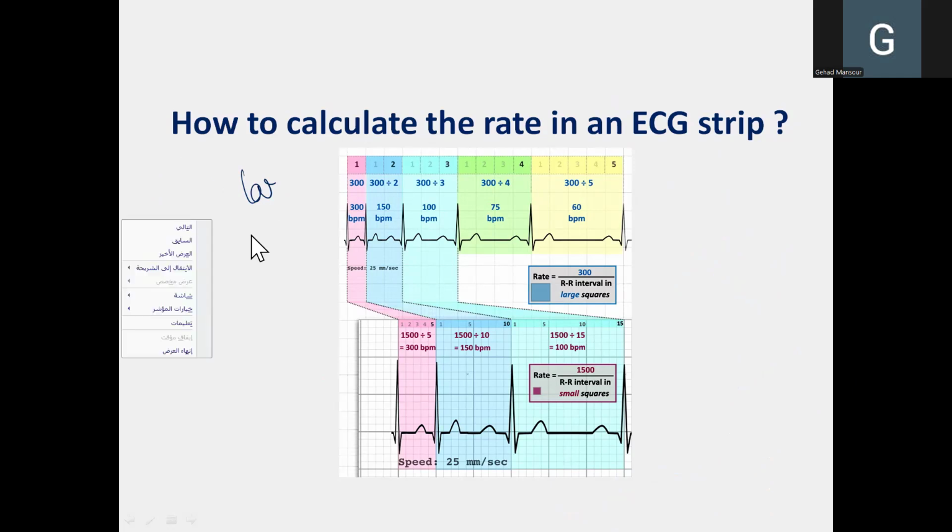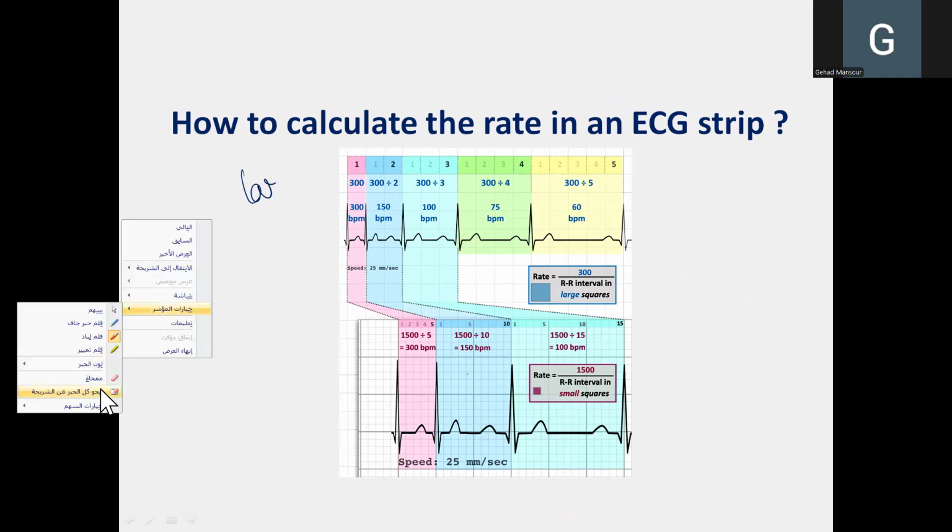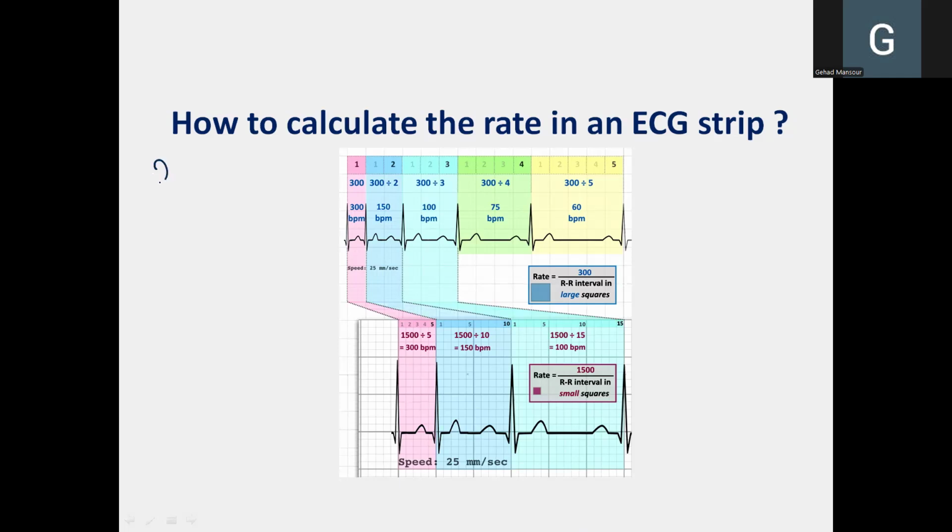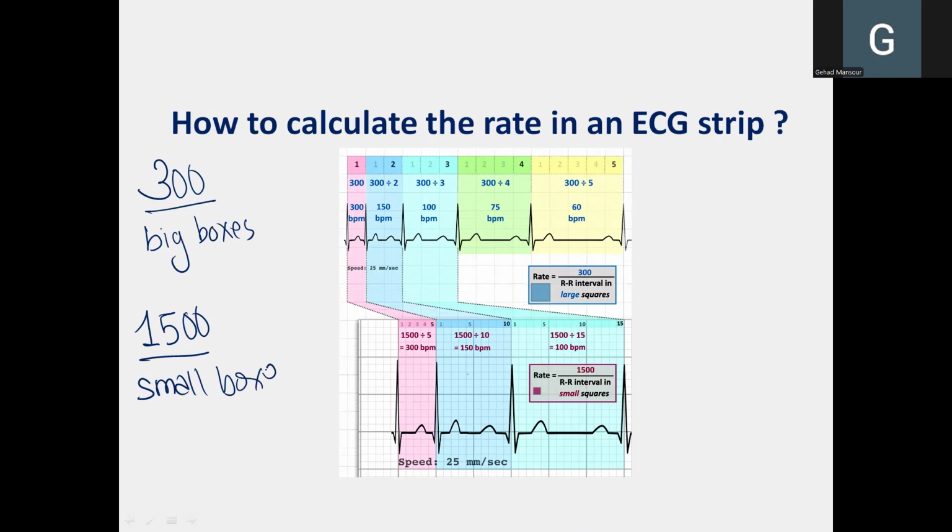So you use those two methods, 300 divided by the number of big boxes between the RR intervals, or 1500 divided by the number of small boxes in between, when the heart rate is regular. If the heart rate is irregular, there is another method, but I'll not be saying it now. Maybe we will say it in class if we have time.